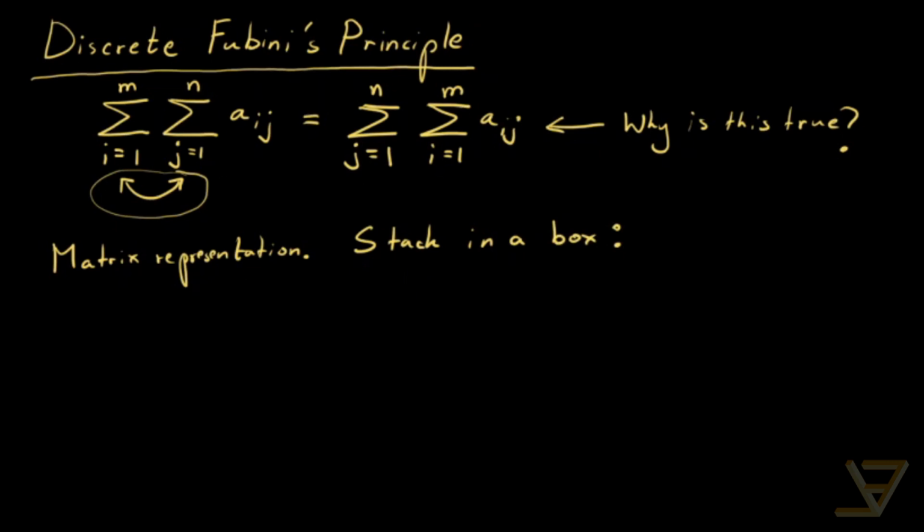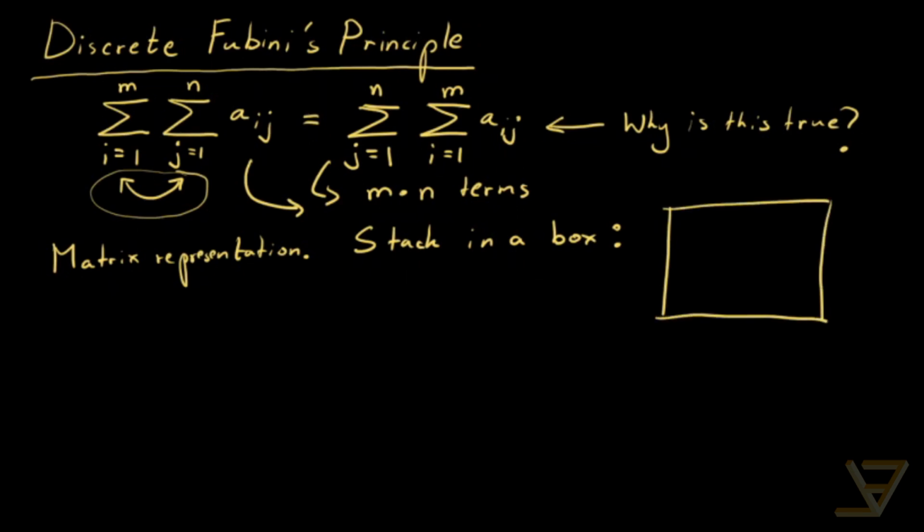Well, in the original sum, there are m times n terms. So this looks like a prime example of when we can have a box with m rows and n columns, and we're going to fill it up with entries.